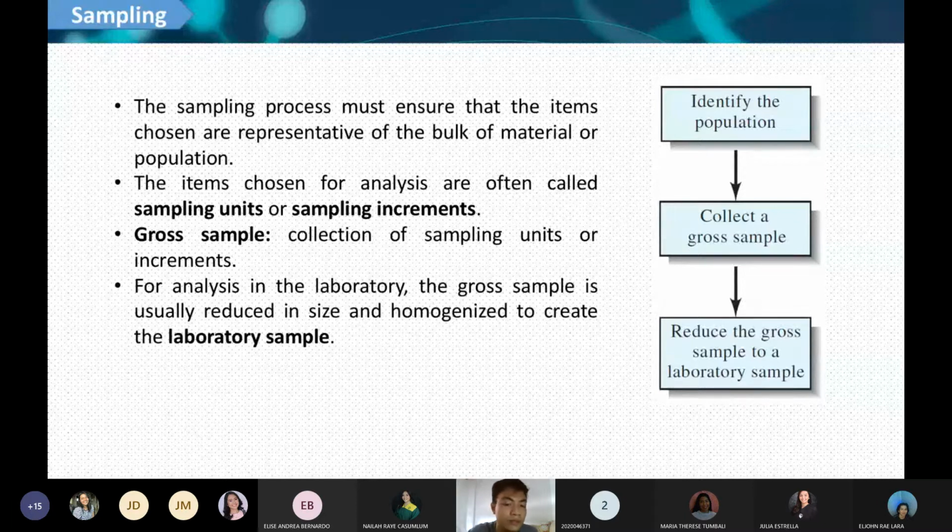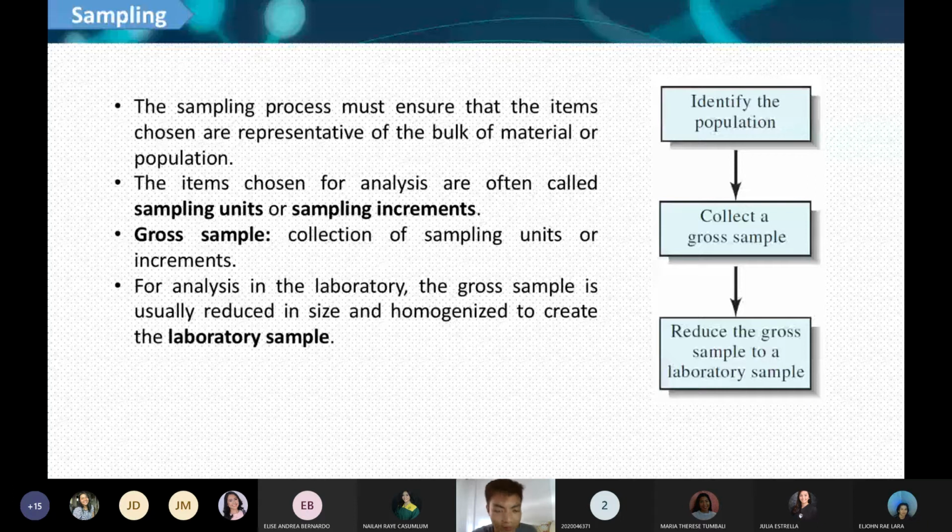You will only get a few amounts of those people. So that is our gross sample. You identify the population, 100 million, then use the formula to identify what sample you need, and that will be representative of the entire population. The problem there is if there is bias, which is true naturally, right?